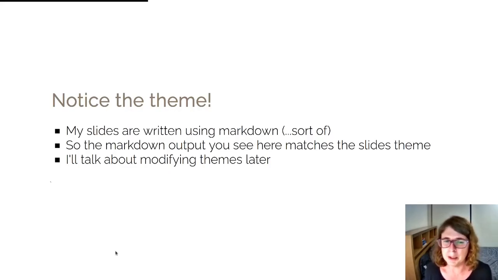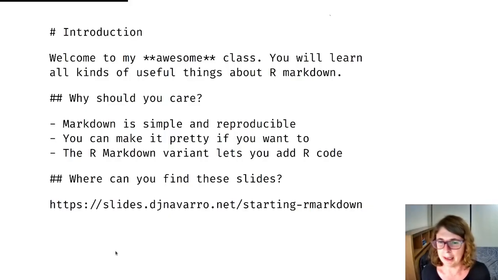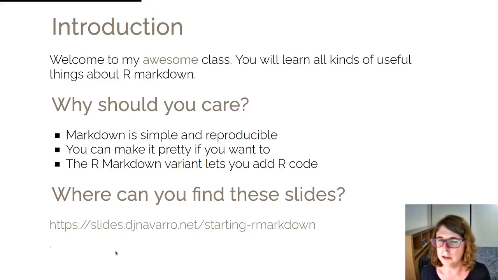Notice something important. When I wrote the Markdown originally, it was this. It's plain text. Nothing tells you that the headings should be bold or big and brown or anything like that. What it's done when creating the output is it's matched the theme of my slides.